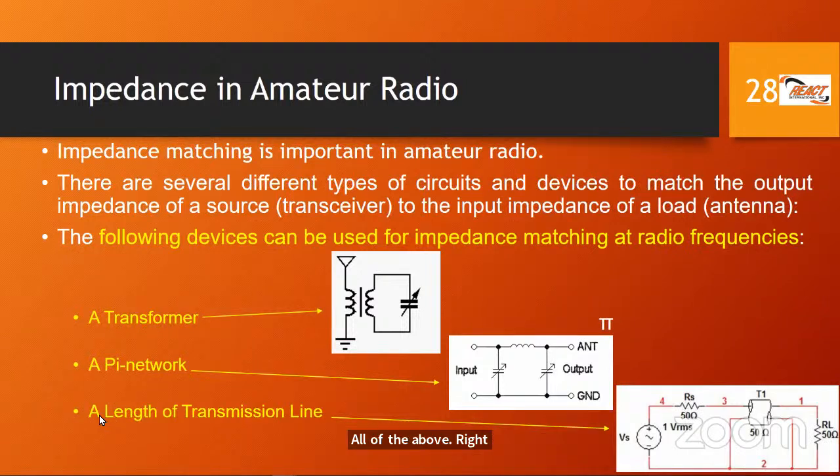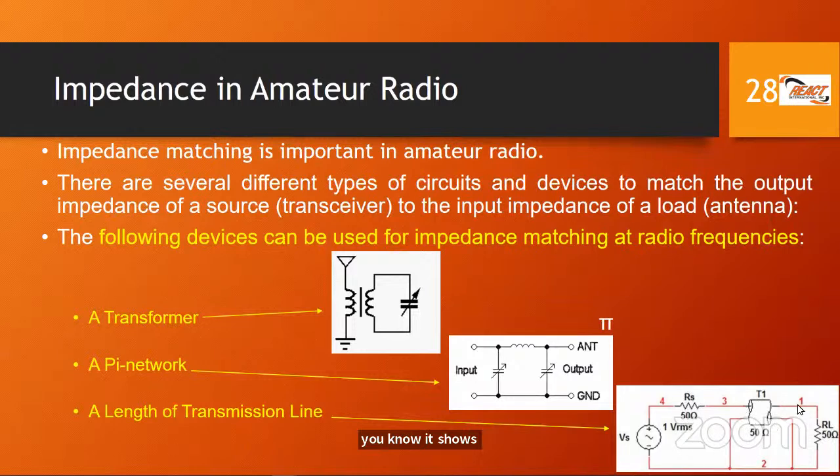And the last one will be a length of transmission line. Yes, believe it or not, piece of coax, length of transmission line can be used to match between, right? So here is an attempt for them, it shows a stubby piece, they cut a little piece of the transmission line. That's a coaxial cable piece there.